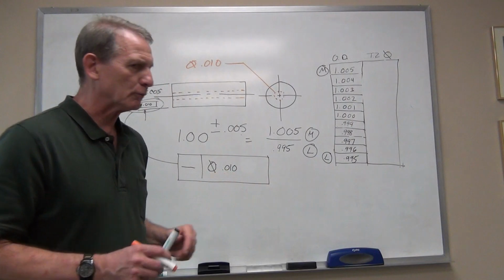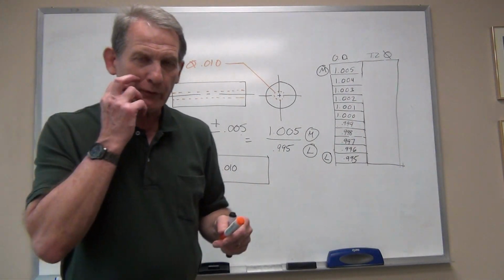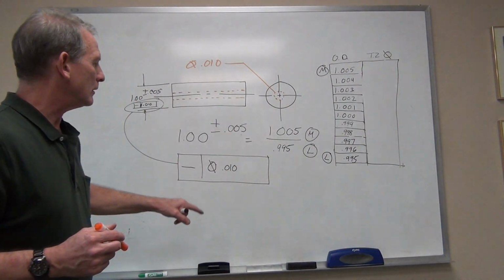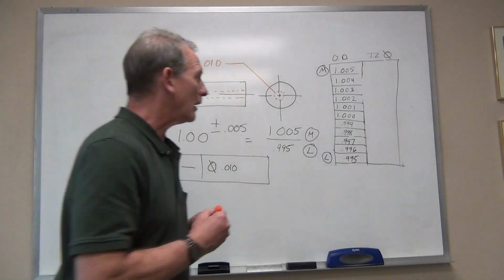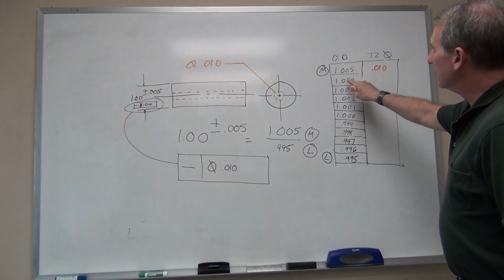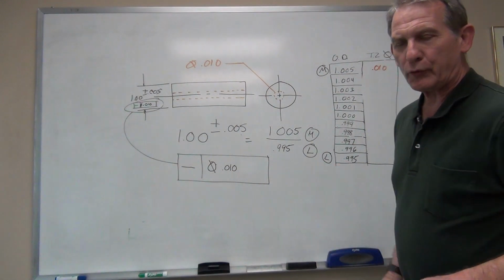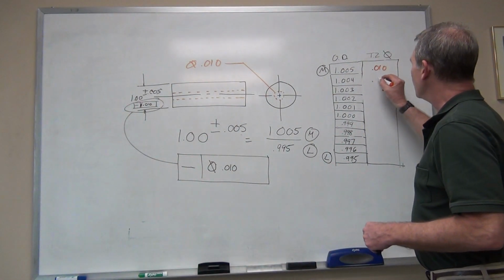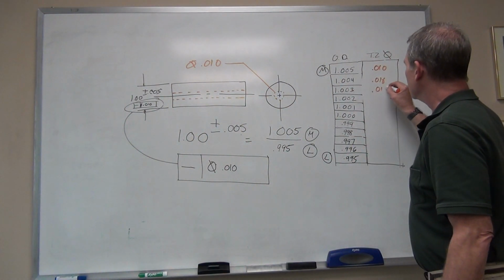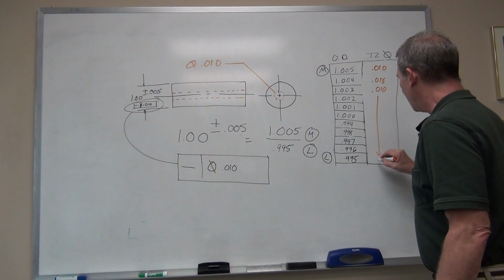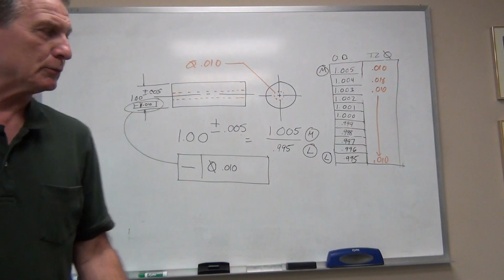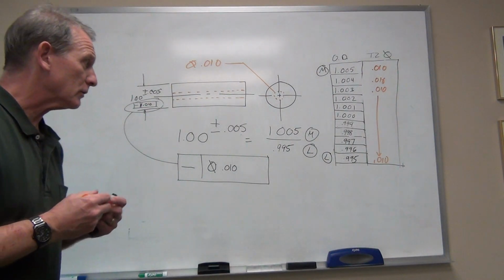If there's nothing here, it is regardless of feature size. We can very easily do that. When the shaft is at maximum material condition, the tolerance zone is 10 thousandths. When the shaft is at 1 inch 4 thousandths, it is 10 thousandths. At 1 inch 3 thousandths, the tolerance zone is 10 thousandths, and all the way down to the least material condition of 995 thousandths.